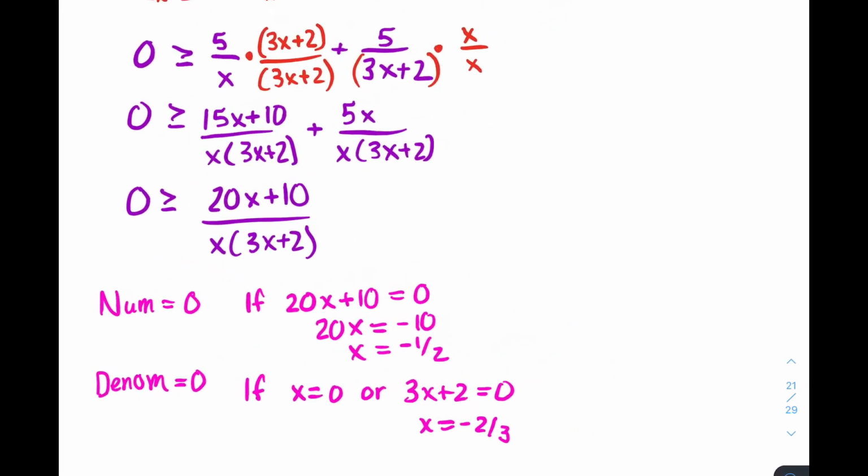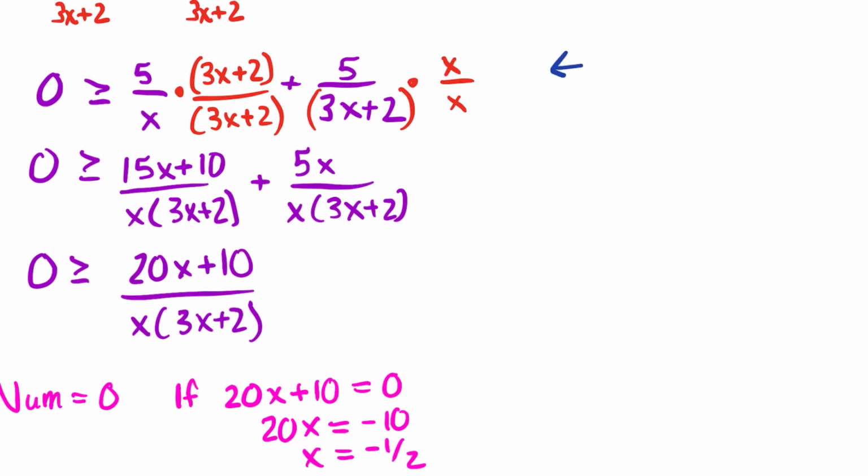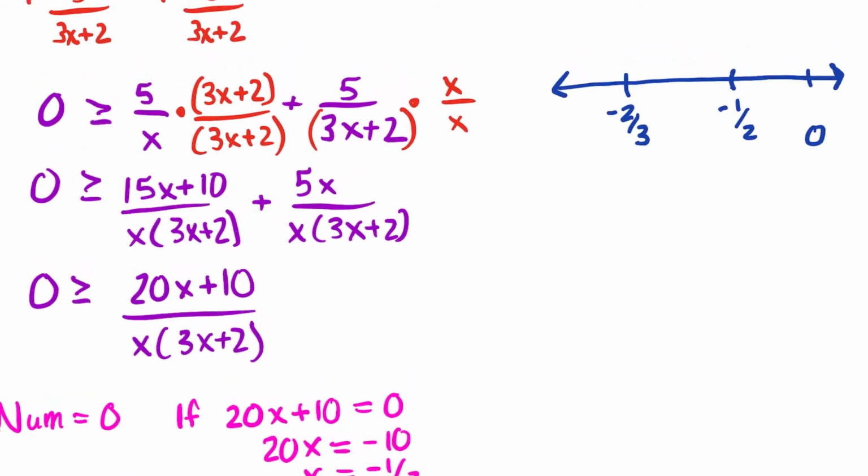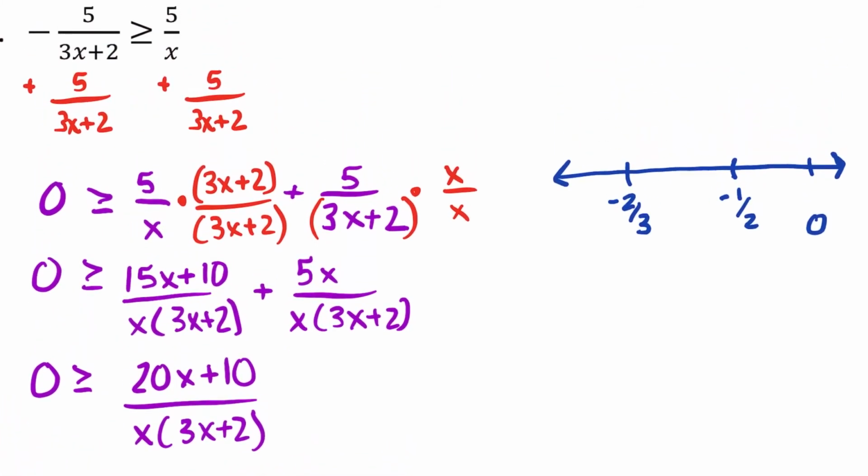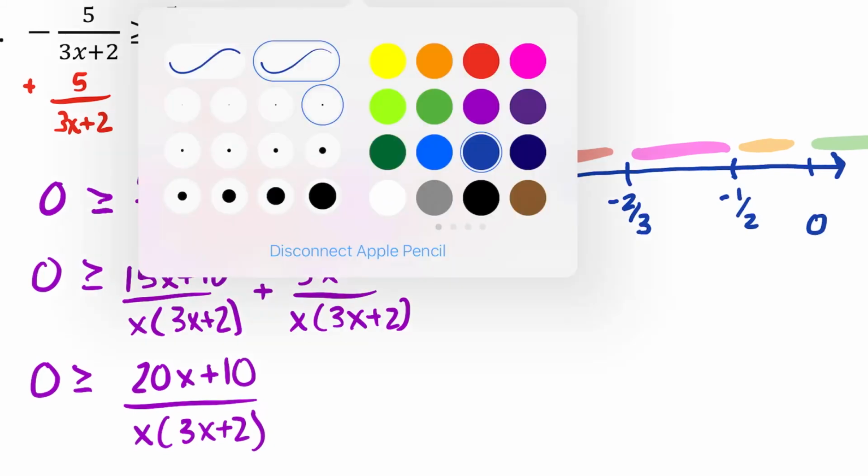So if I draw myself a number line and think about the intervals that I need to test values in, there's actually quite a few of them. So my smallest one, -2/3, -1/2, 0. So that's actually 1, 2, 3, 4 different intervals that I'm going to have to plug values in and check to see if they're part of my solution set.